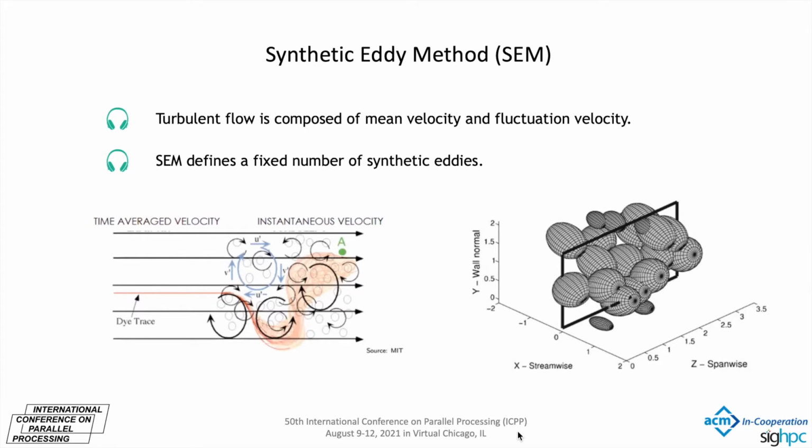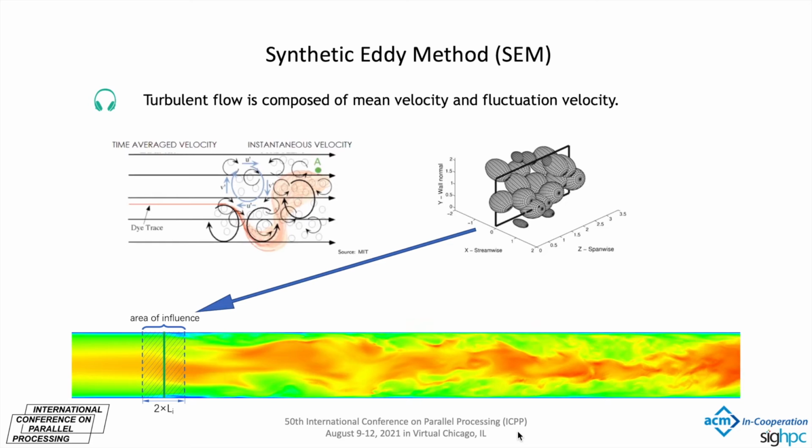The left side is very steady and simple, but the instantaneous velocity is very complex and includes many eddies inside. So SEM defines a fixed number of synthetic eddies, like in the right picture. There are many eddies advecting through the plane, which generate a fluctuating velocity.